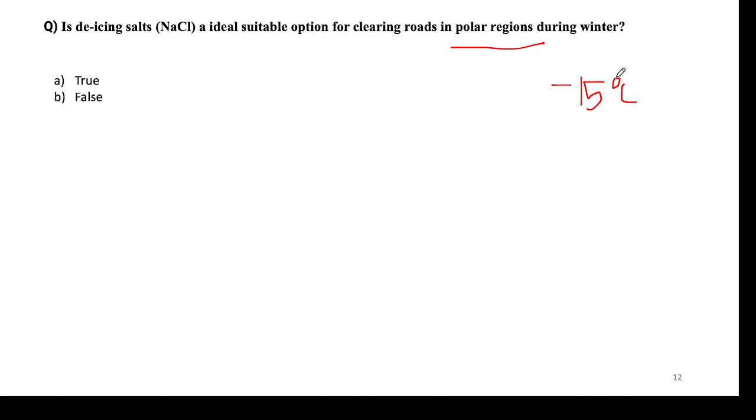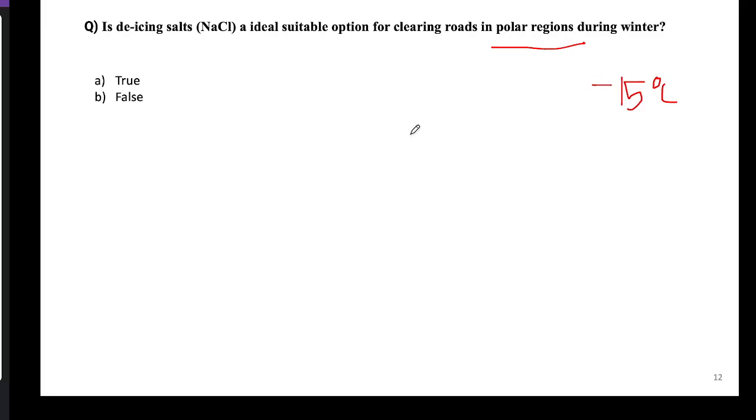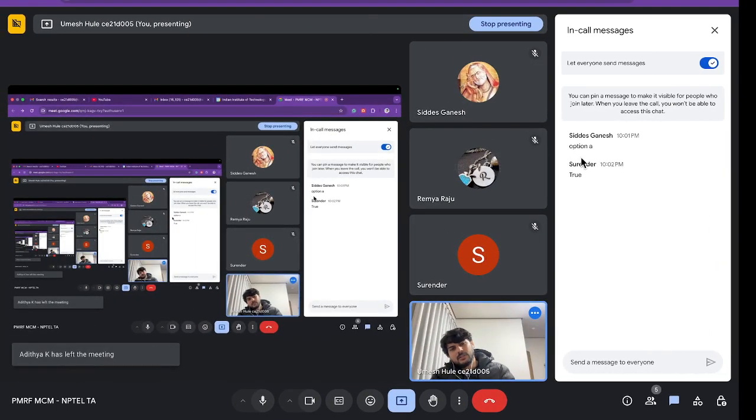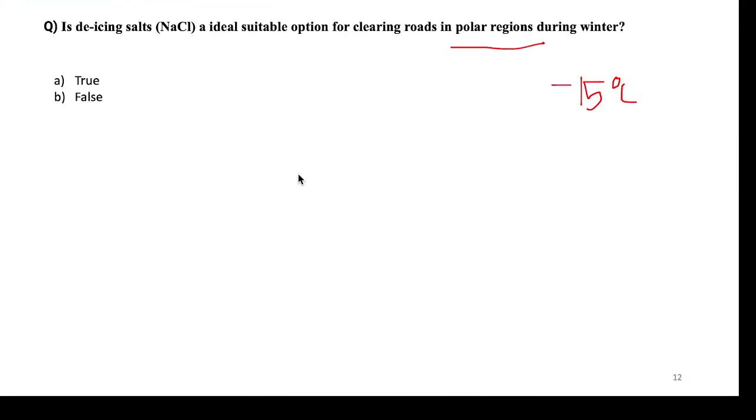And can we use de-icing salts to melt down this ice? De-icing, right? It's like melting down the ice. True or false? Okay, so answers are coming. Answers are coming true. Let's see.